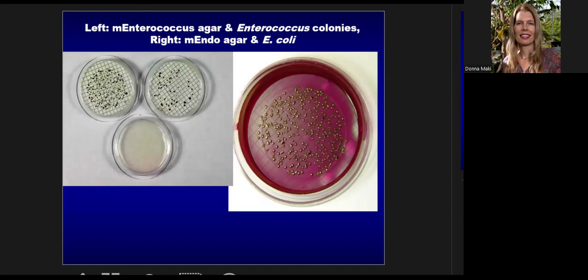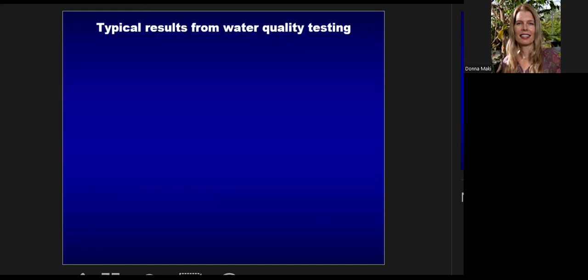And so E. coli is just super easy to work with in the lab, and so it's a model organism. We use it as a proxy to the more dangerous ones that might be lurking in the feces, whether it's human feces, or geese, or other feces of some sort. And so E. coli is easy to test for, easy to grow. And then we say, well, if there's that many E. coli, chances are there's other fecal, potentially pathogens present in the water.